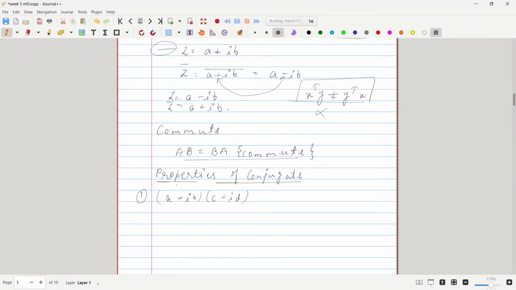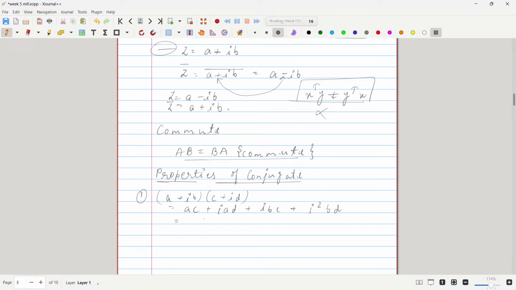So this gives ac plus iota ad plus iota bc plus i square bd.